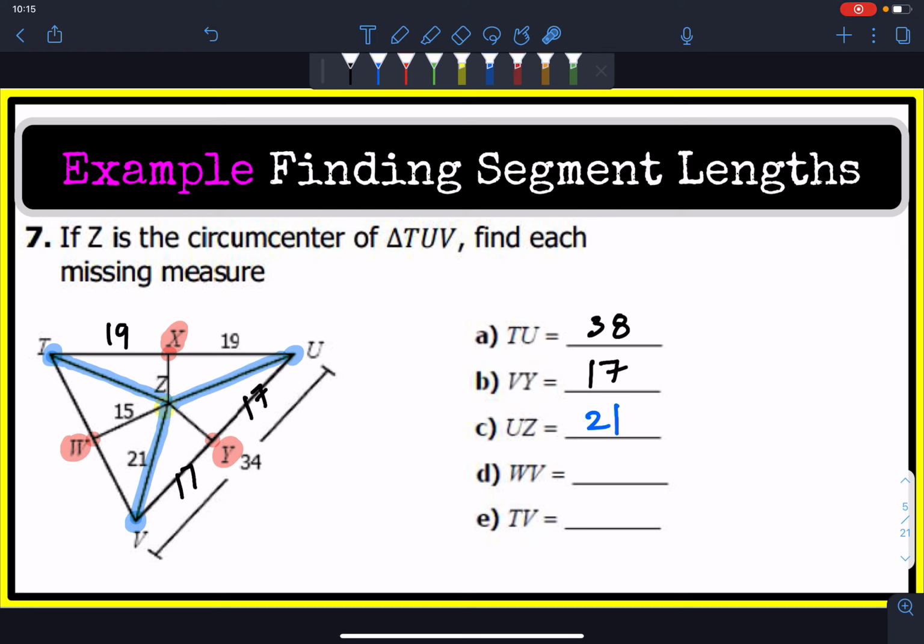But since we don't know that, what we're going to use again is the fact that this segment from the circumcenter to this midpoint is a perpendicular bisector. So it's going to intersect at this 90-degree angle.